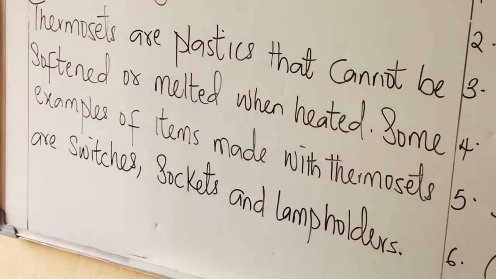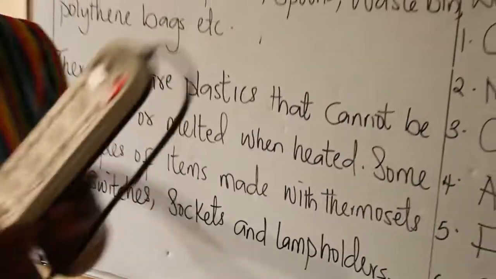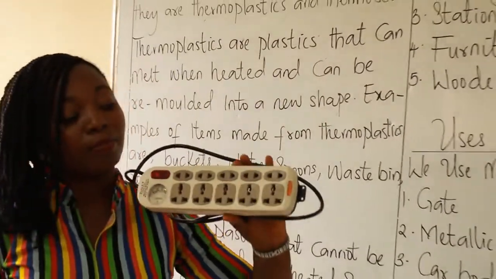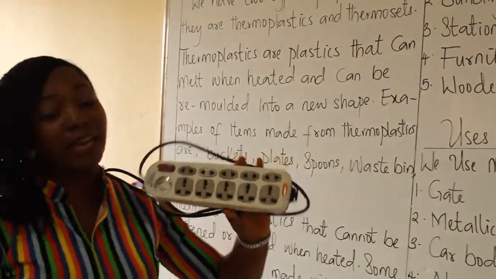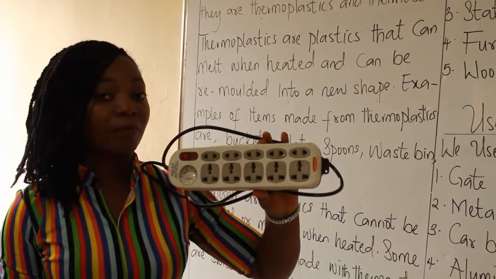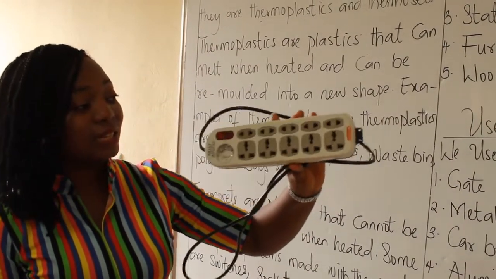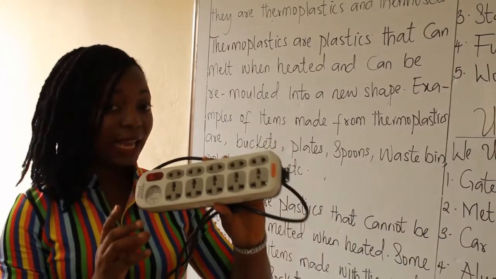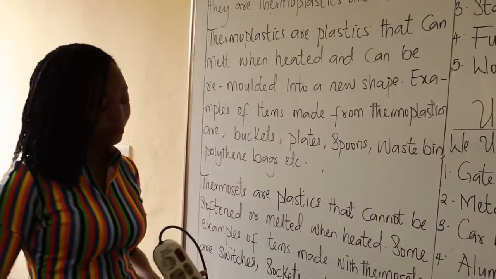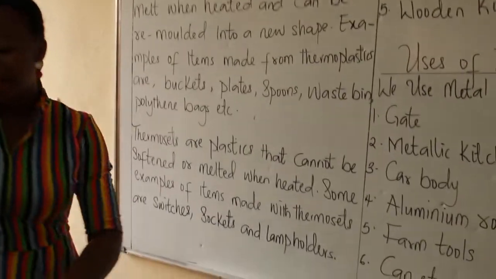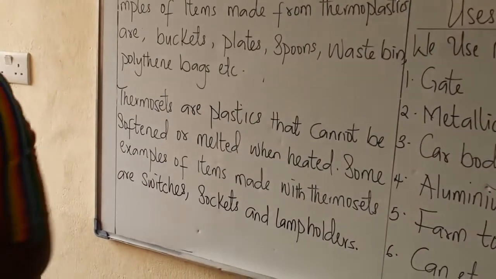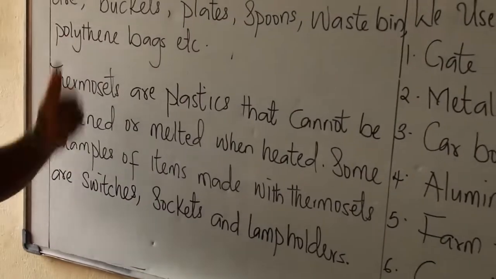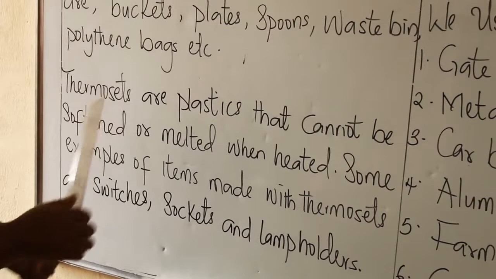I also have an example here. This is an example of a socket. It's a thermoset. It can't be melted. If you try heating this, it only shrinks in and doesn't melt because it's made from thermosets. And finally, we have the lamp holders. The lamp holders are also examples of thermosets.